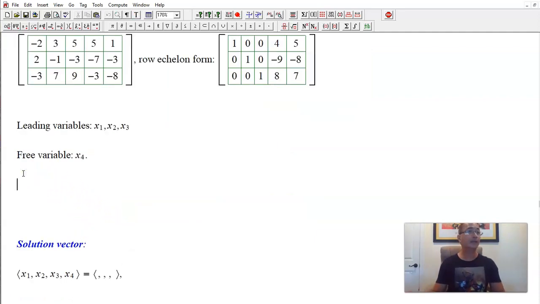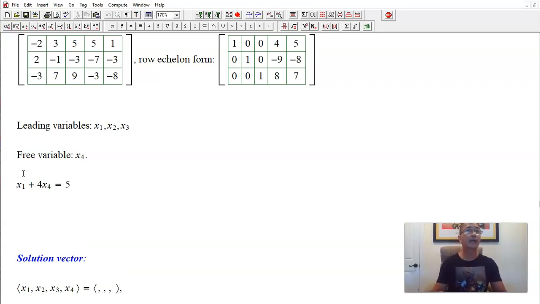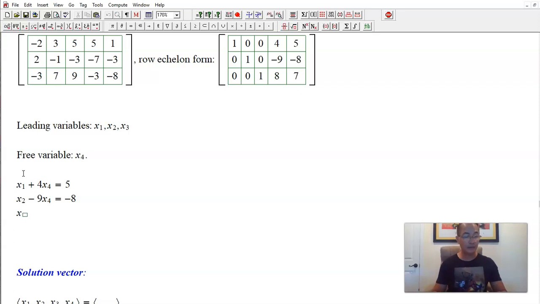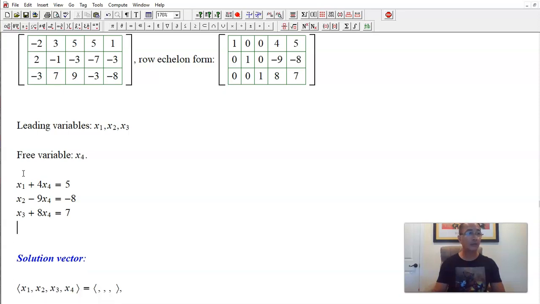Okay, so let's write down the equations corresponding to these 3 rows. So we have x1 plus 4x4 is equal to 5, and x2 minus 9x4 equals -8, and the last row, x3 plus 8x4 equals 7. All right, and our x4 is of course free, so we are ready to write down our solution vector. Solve for x1.